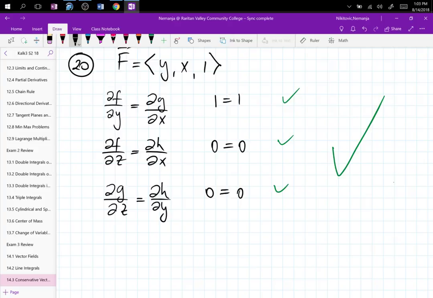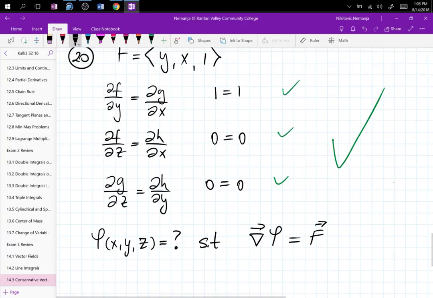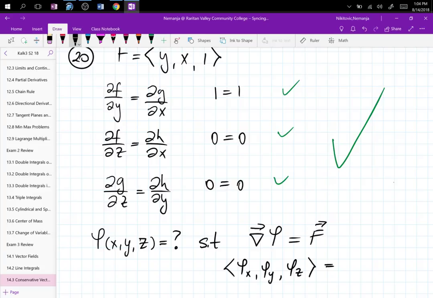We are looking for a function phi of x, y, and z such that del phi is going to be equal to our f. Del phi is partial x, partial y, partial z, which is equal to our f, g, h.